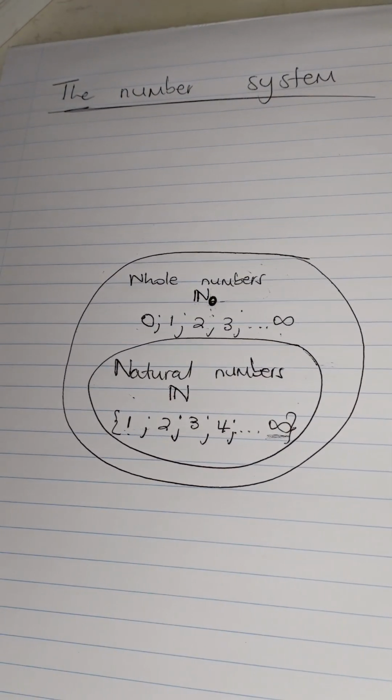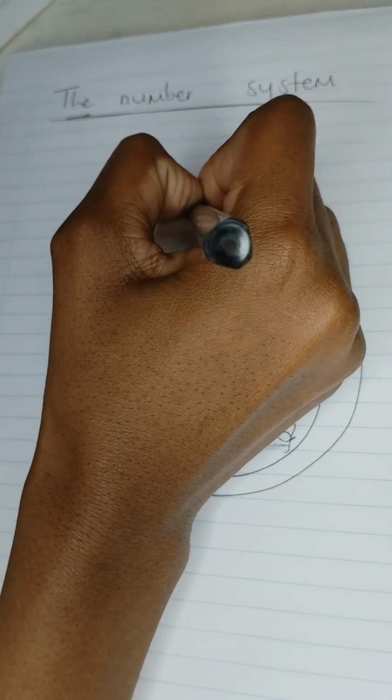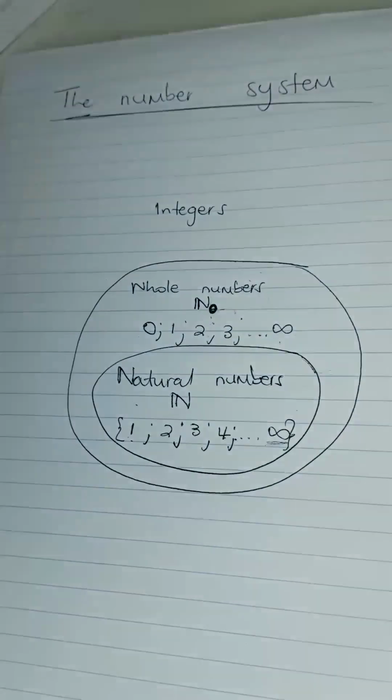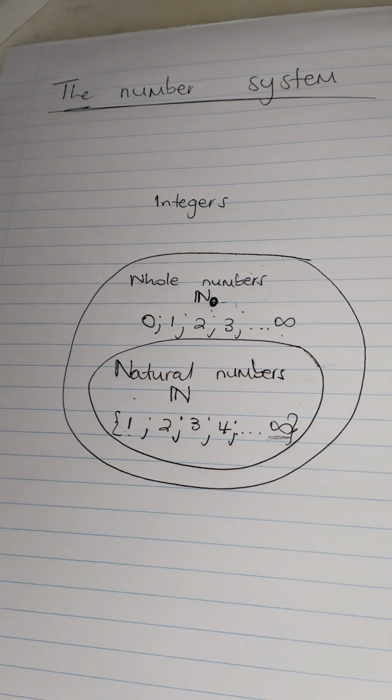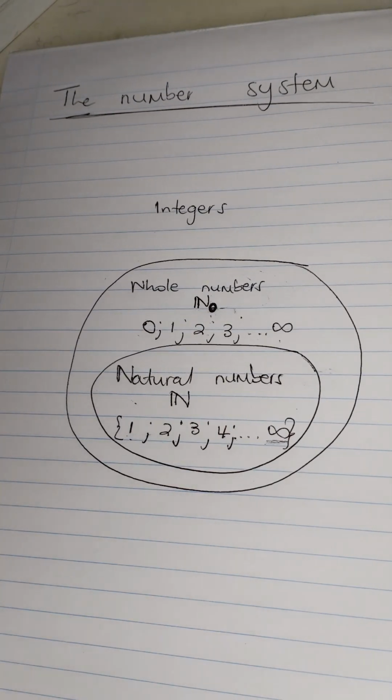Okay, now let's move to integers. I hope the way I'm going to explain it is not going to confuse you guys. Integers are those where we extend whole numbers to go to the negative number system.